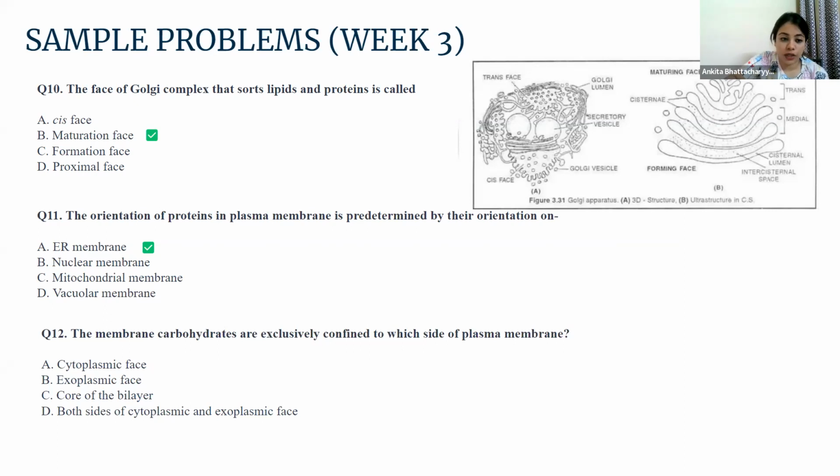Then moving on to the next question, we are asking which side of the plasma membrane membrane carbohydrates are exclusively confined to. This is a relatively simple question. Membrane carbohydrates are present on the side at the cell exterior, the outer surface of the cell.